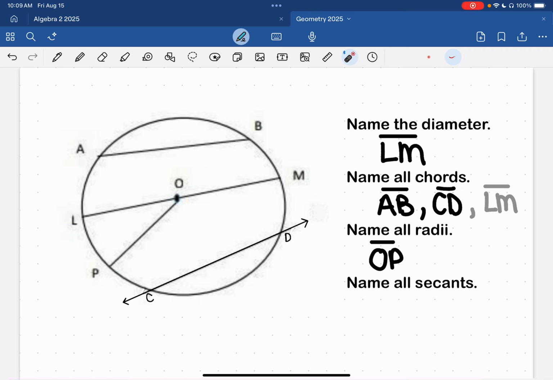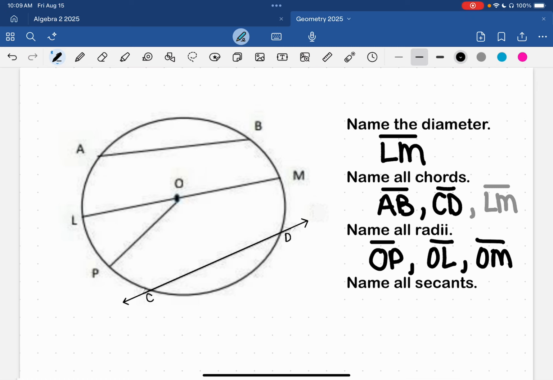There are two other radii. Remember, the diameter has two radiuses. So right here in the center to L is a radius, and right here from the center to M is a radius. So we also have OL and we also have OM. Now, no, you do not have to put the center first. I'm just doing that so that you know where to look for the radius.